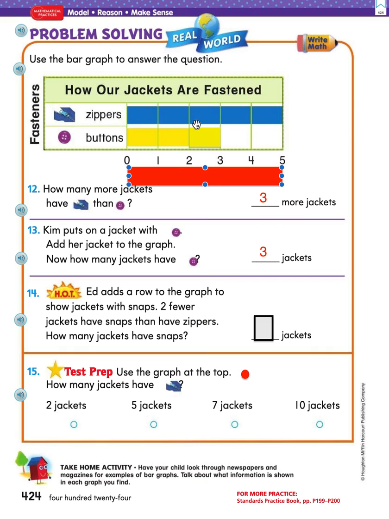Right now I have it the same as the zippers because I'm going to change it so that we can have 2 fewer jackets have snaps than zippers. So I need 2 fewer than the zippers. So 1, 2. I took away 2 from that bar graph that was the same as zippers, which leaves me with how many jackets with snaps? 3.